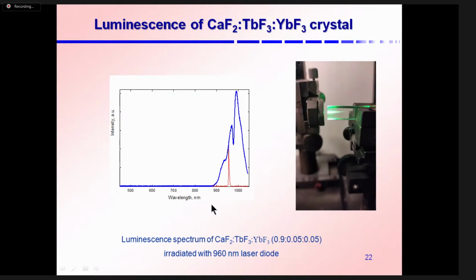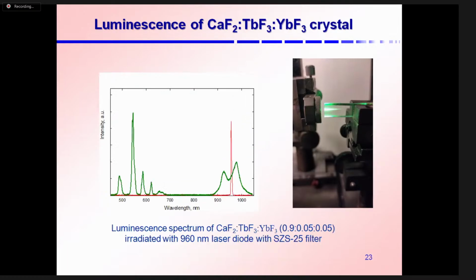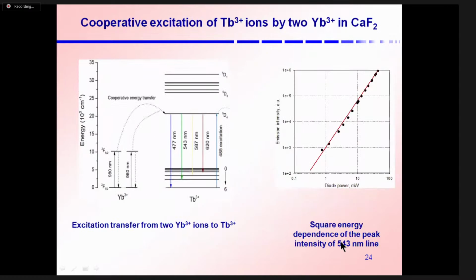That is the emission of ytterbium ions. But when we put special colored filters, we observed very intense green radiation that we can observe visually, and these are the lines that correspond to terbium ions in this laser system.